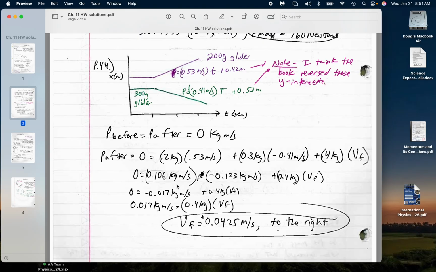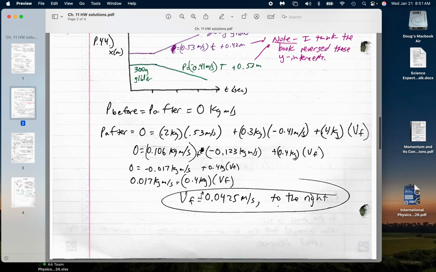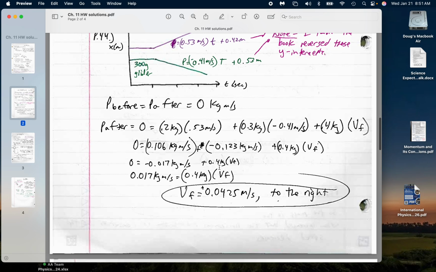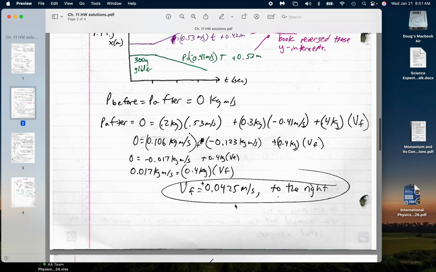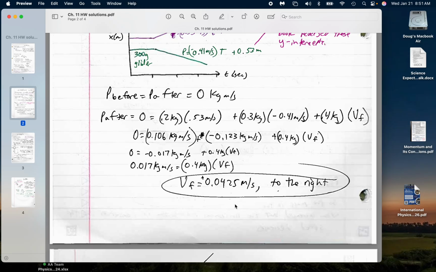So I know my total momentum is 0 because it was 0 before they exploded. So I have 0.2 times 0.53 meters per second plus 0.3 kilograms times negative 0.41 meters per second. Those two give me a negative momentum overall plus 0.4 kilograms times vf. So in other words, this has to be moving to the right at around 0.042 meters per second.